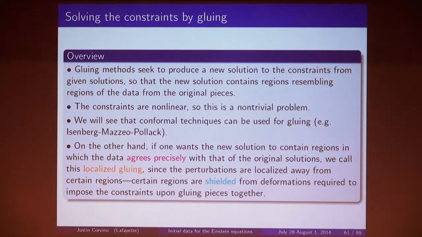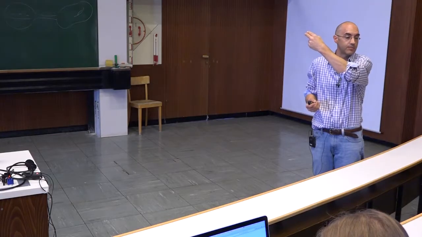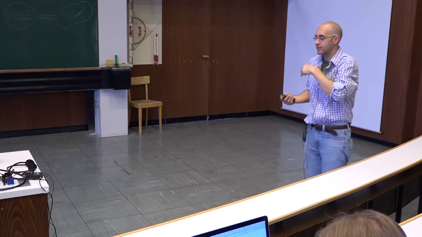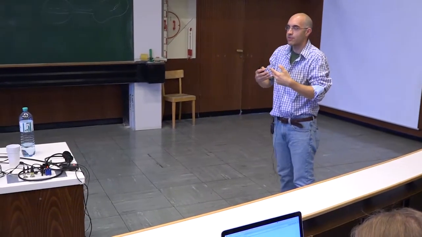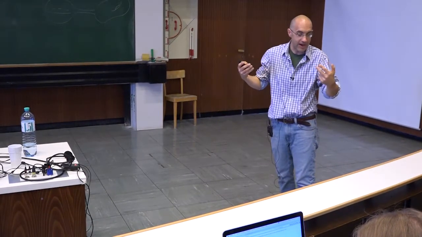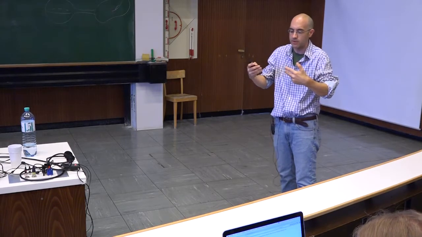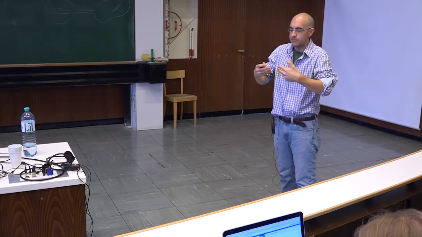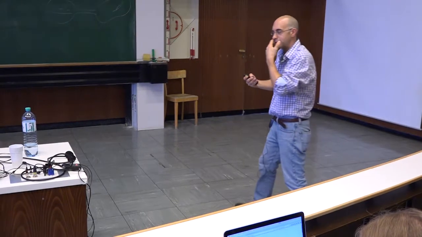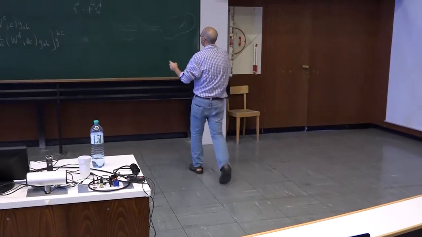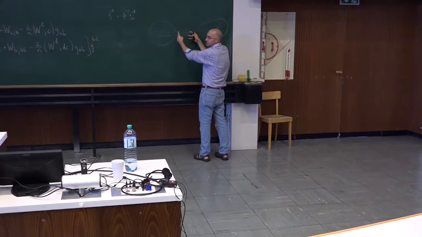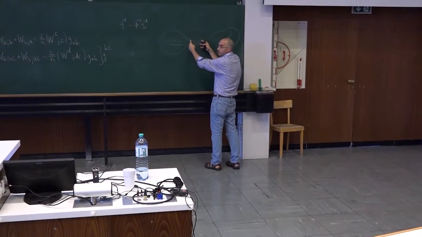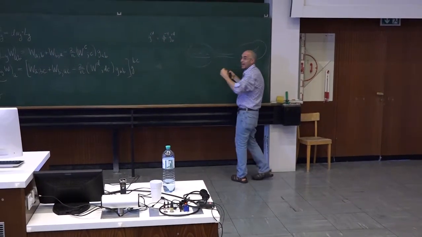I'll just sort of say, when you use the conformal method, you solve elliptic equations, like the equation involving the Laplacian we saw earlier. And in such situations, the deformations are global. Your conformal factor, or whatever deformation you solve for, you basically start with two solutions, you make some approximate solution, and then you find a conformal factor, let's say, to fix it to an exact solution.